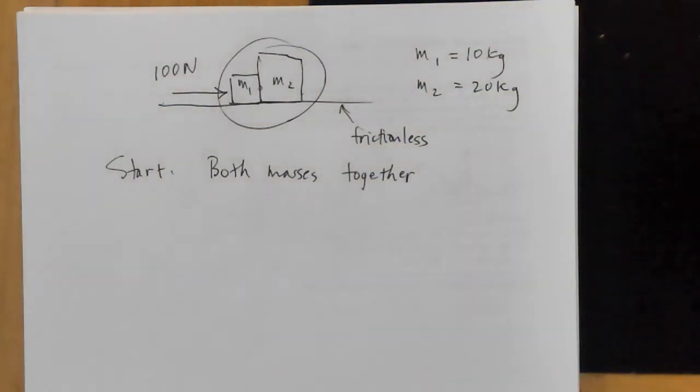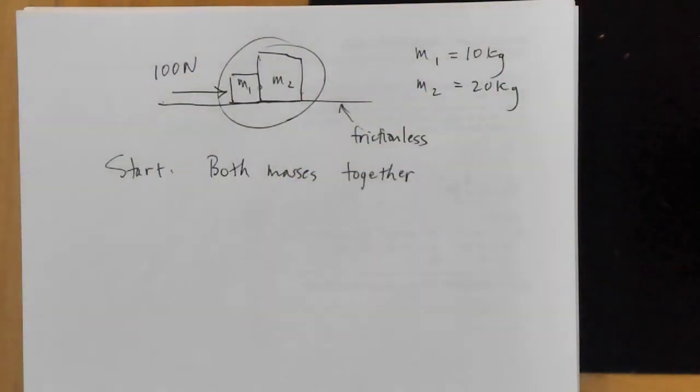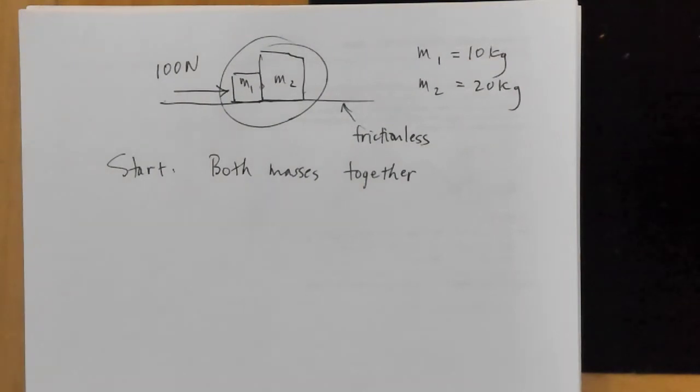The reason you do both masses together is because there's only one horizontal force acting on both masses together. In other words, the force between these two surfaces is not relevant to both masses together because that's internal to the system. We're only looking at external forces acting on the system. Is everybody with me on that?